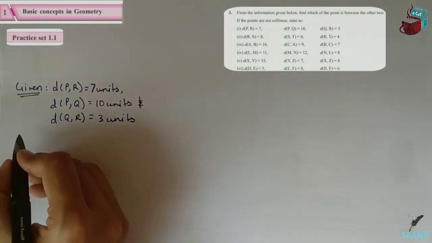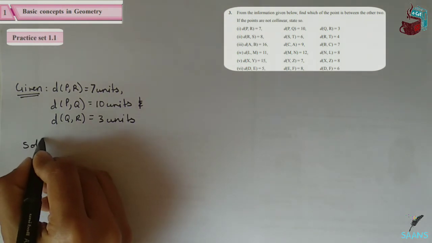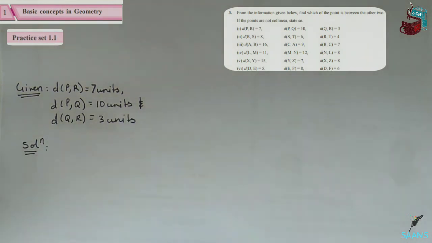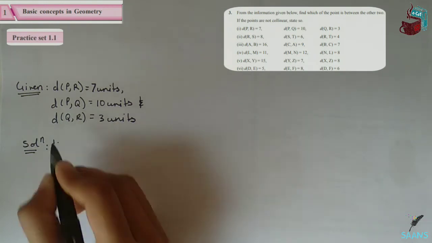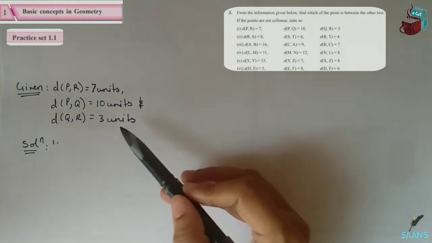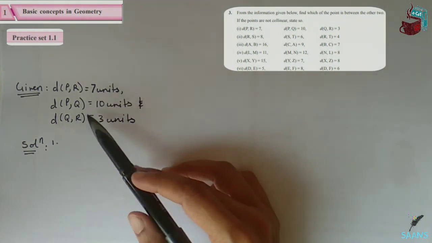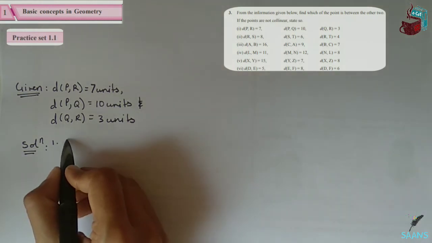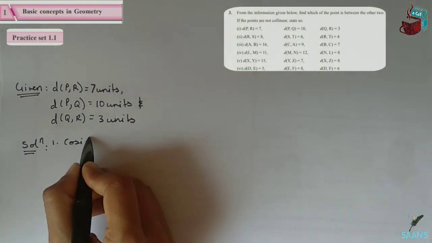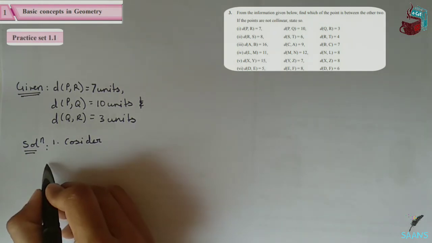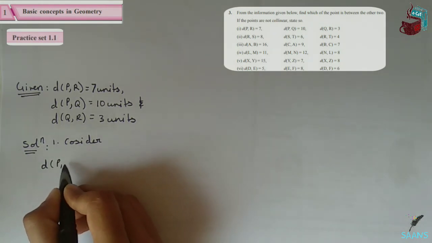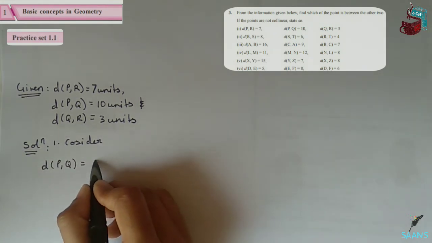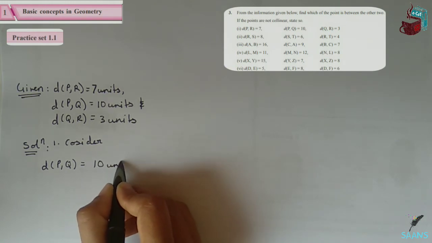Same sum. So the solution will be, first always consider the biggest one among them. 7 is given, 10 is given, 3 is given, so we will consider the biggest one. So consider distance P comma Q is equal to 10 units.